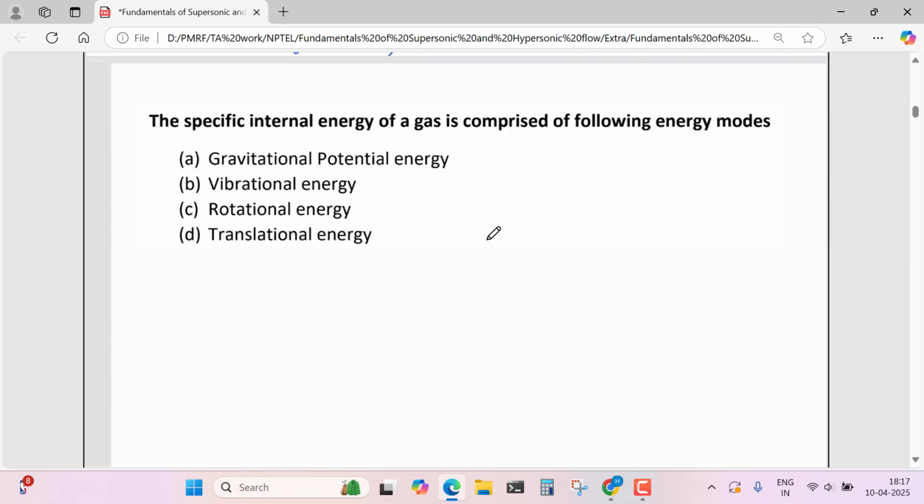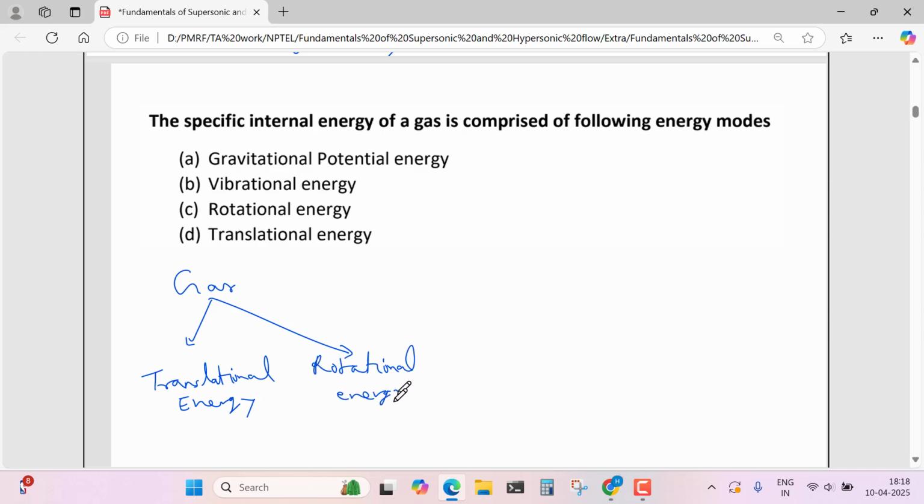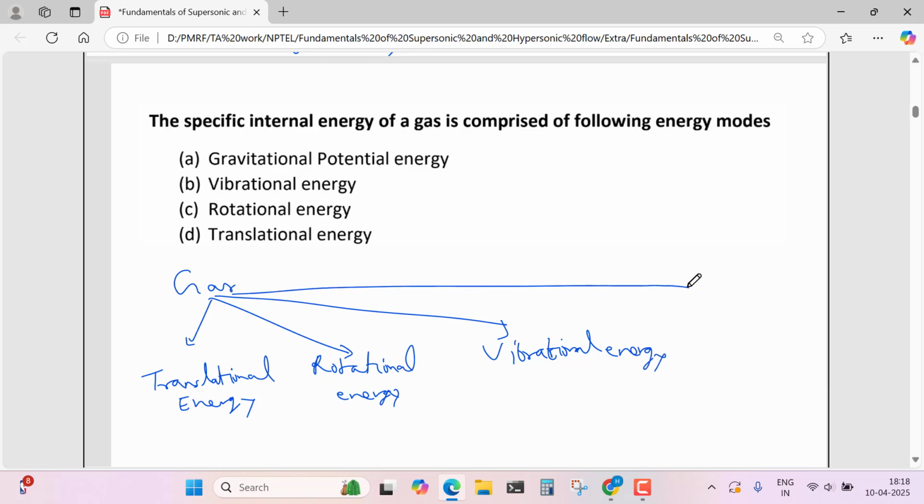So what are the energy modes which are present for the gas? For a gas, there are 4 types of energy mode. One is translational energy, another is rotational energy, vibrational energy, and electronic energy.